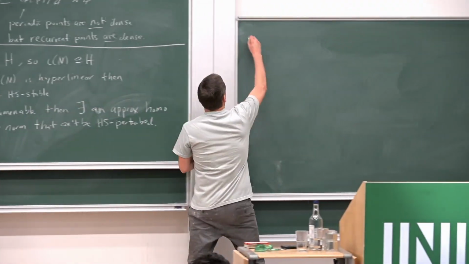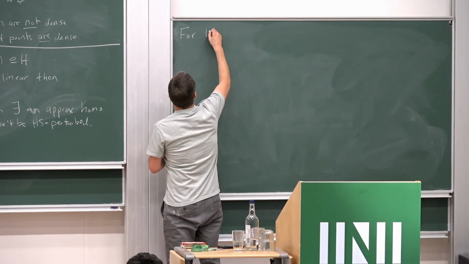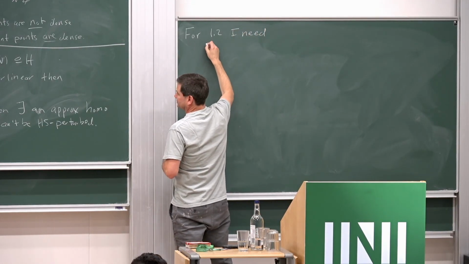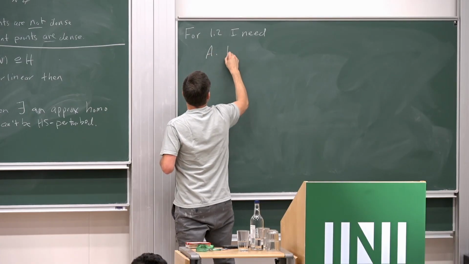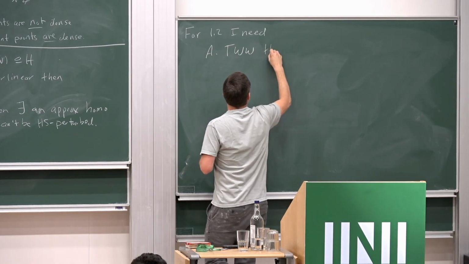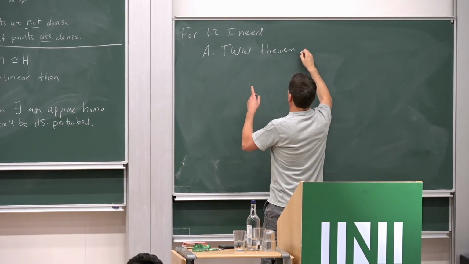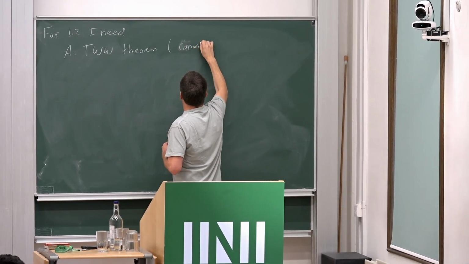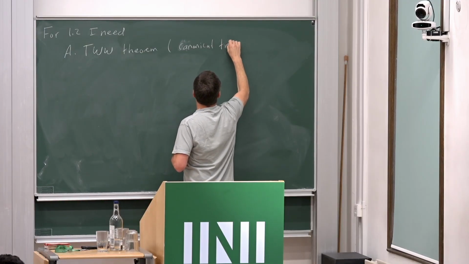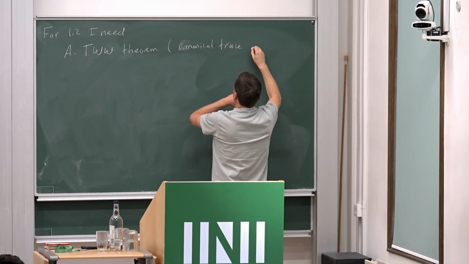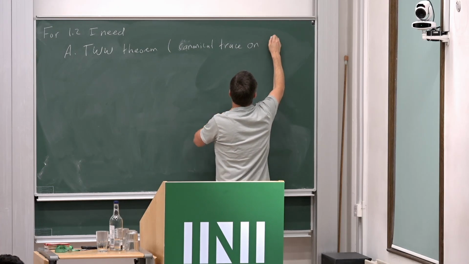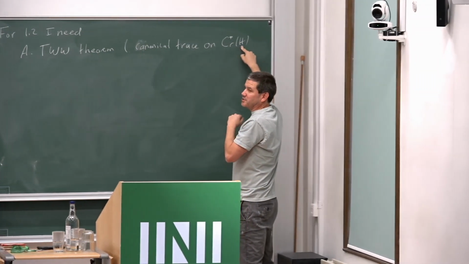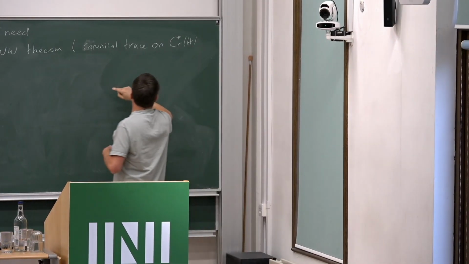So for 1.2, I need a Tikuisis-White-Winter theorem, or a piece of it, which says that traces are canonical trace. So it says more than this, but this is the key corollary: the canonical trace on this C-star algebra, where H is any amenable group, is quasi-diagonal.